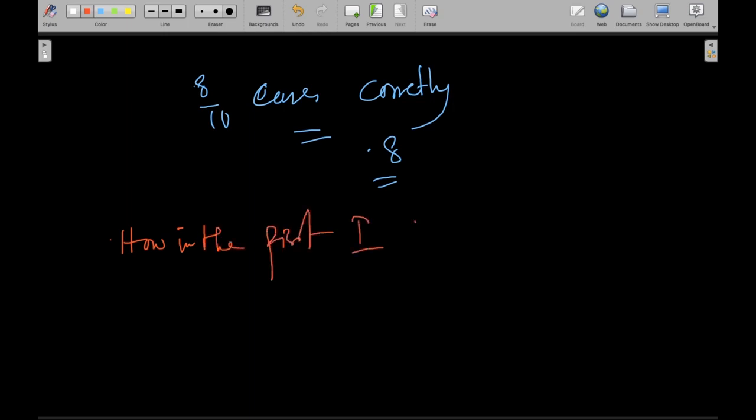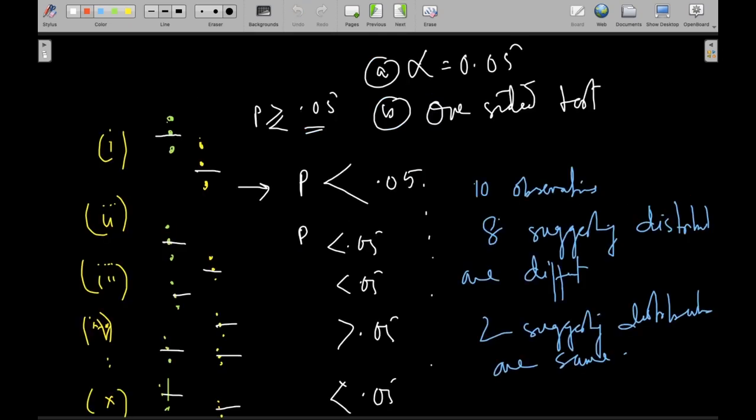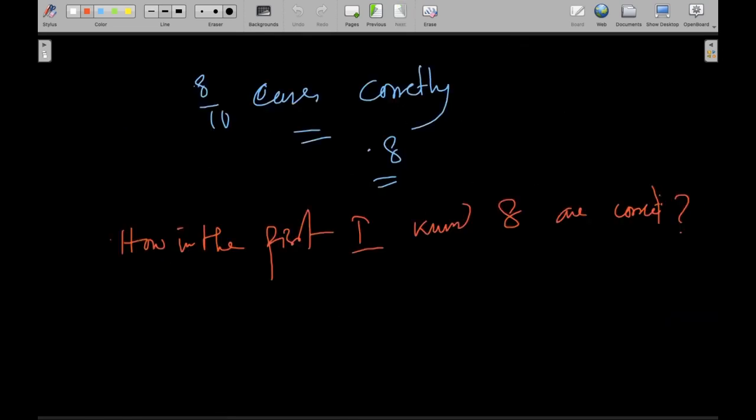Yes, the way I have my samples are showing that 8 are correct out of 10, but how would I know that these 8 are correct whereas these 2 are false? I mean, it might have so happened that these 2 are correct and 8 are false, right? So how would I know that the 8 are correct? So where is the sanctity in this claim?